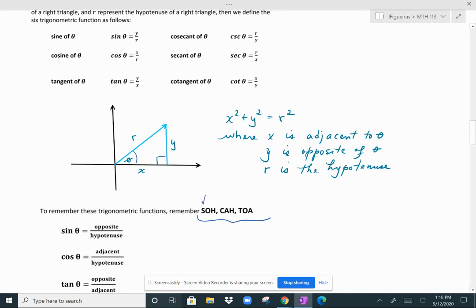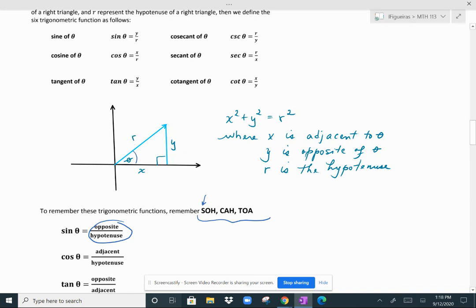S stands for sine, and sine is opposite over hypotenuse. That's what the O and the H represent. And so opposite over hypotenuse is y over r, which is exactly what we stated above. So it might be easier to remember opposite over hypotenuse instead of y over r.